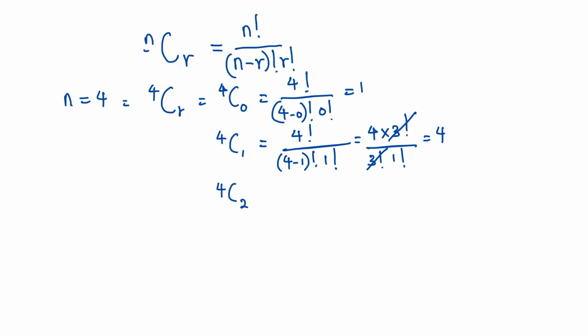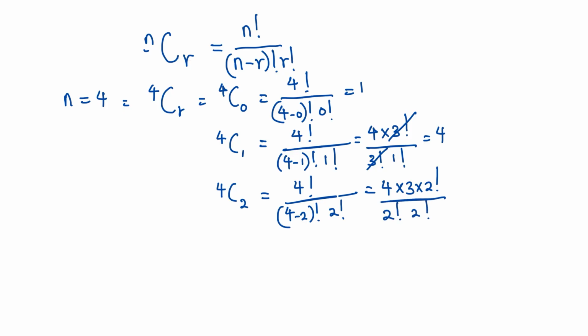4 combination 2 gives 4 factorial divided by 4 minus 2 factorial times 2 factorial, and that's 4 times 3 times 2 factorial divided by 2 factorial times 2 factorial. This will cancel this. 2 factorial is actually 2 because 2 times 1 is 2. So this can take off from here.